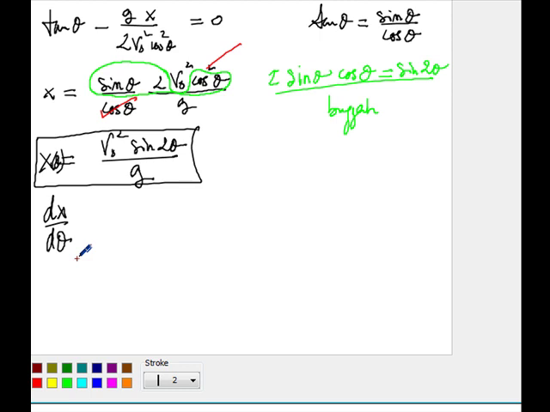If you notice, g is a constant. So straight derivative is perfectly fine. So v naught squared and g are just two constants, so we can just have them tag along. And really, we're interested in the derivative of sine 2 theta.